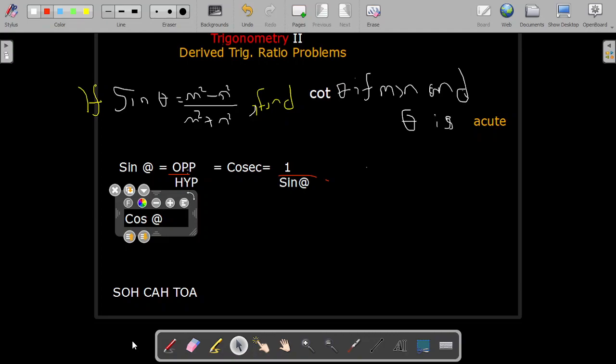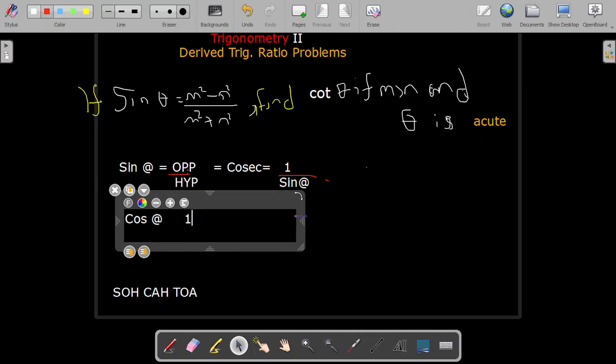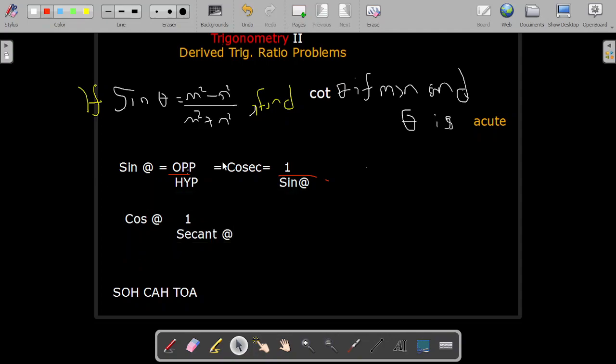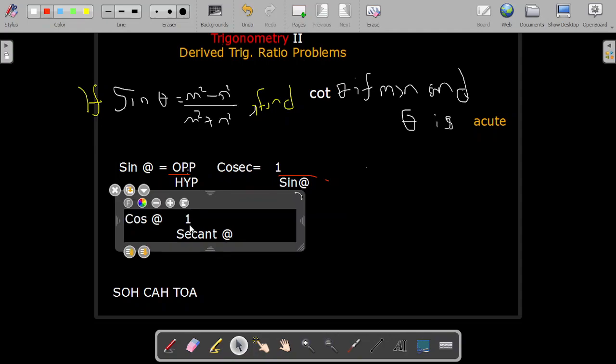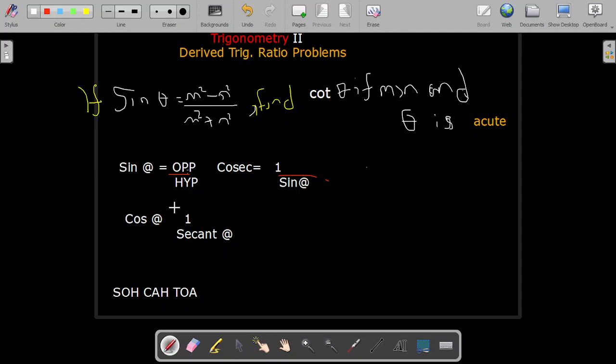The reciprocal of cos theta is known as the secant theta, which is 1 over cos theta. So we need to understand that that is the reciprocal of cos theta.